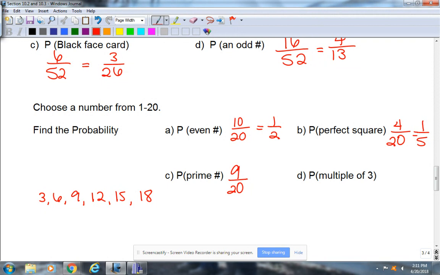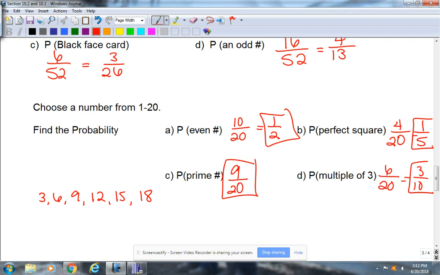So how many numbers are multiples of 3? 6 out of 20, which reduces to 3 over 10. So any questions about those? You will have some like this on your practice today.